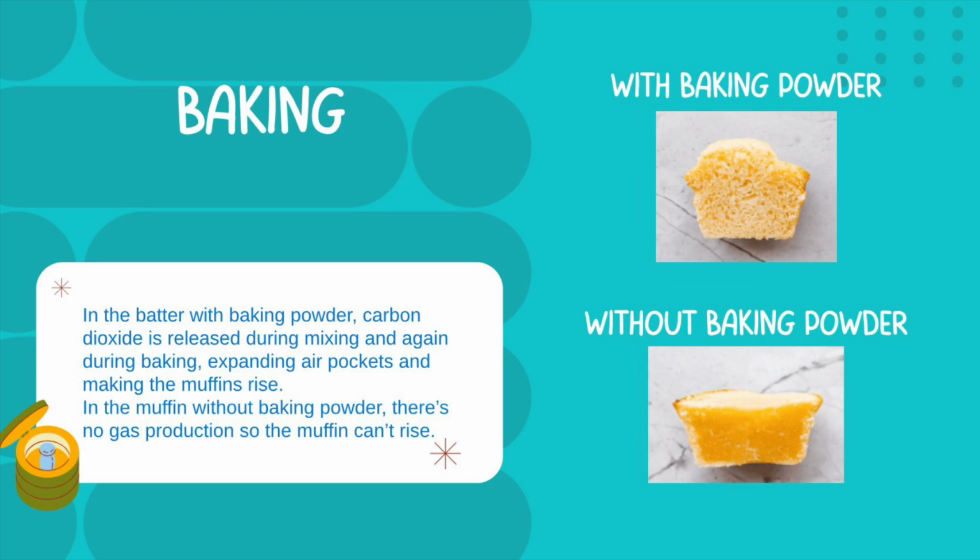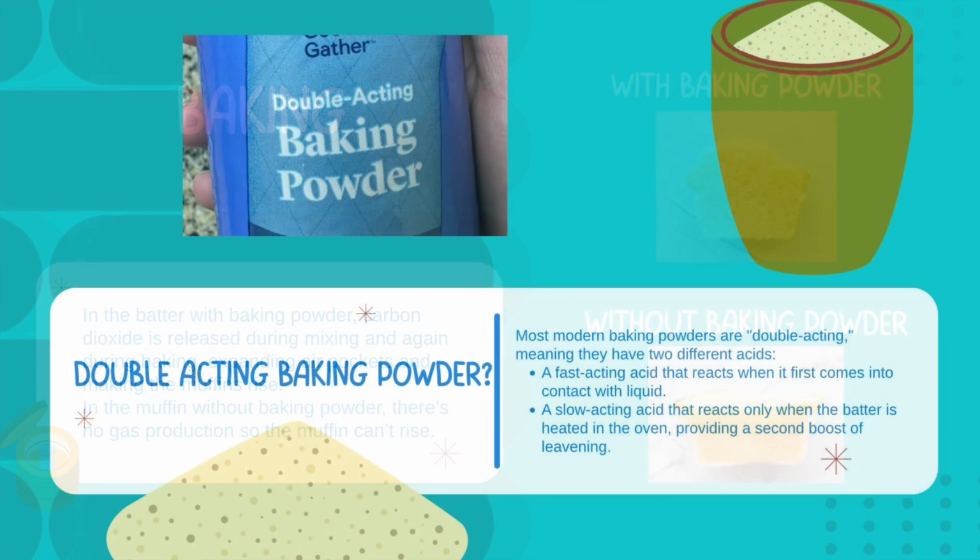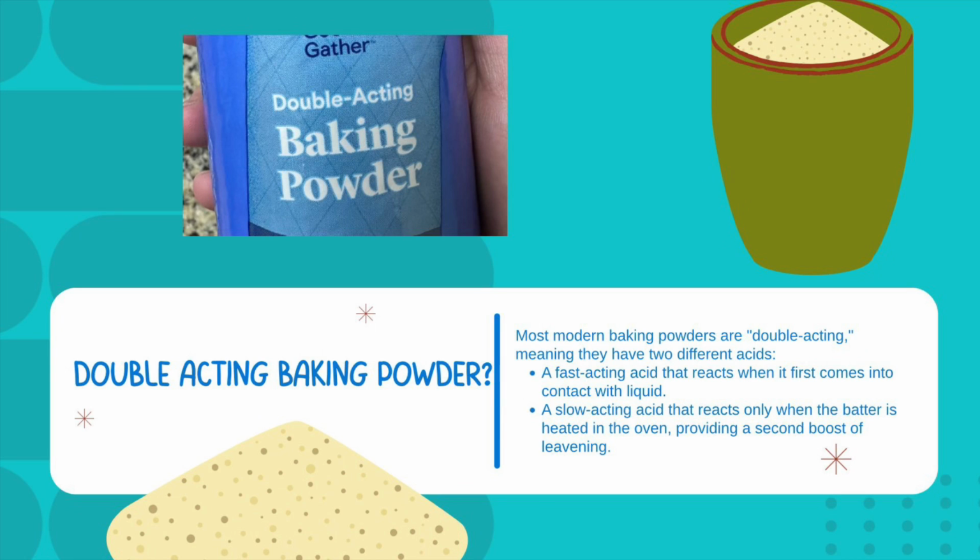And then the muffin without the baking powder, there's no gas production, so that muffin can't rise when baking, and you can see that it's very dense and not as light and airy and fluffy as the one on the top.